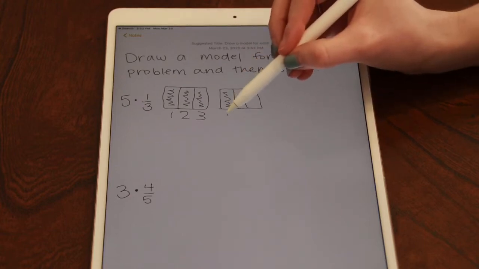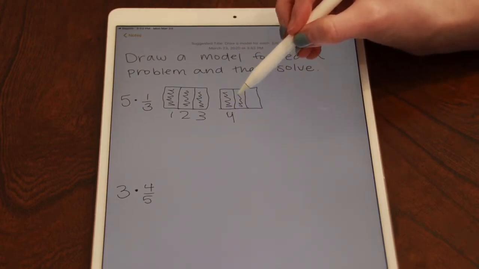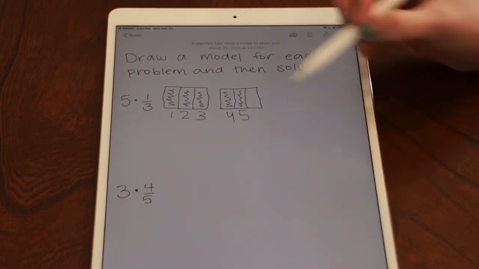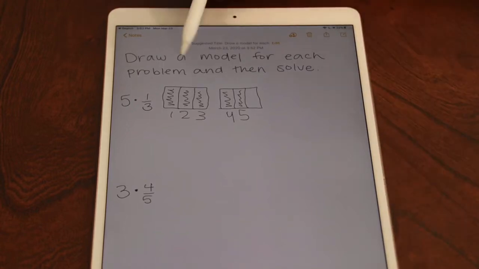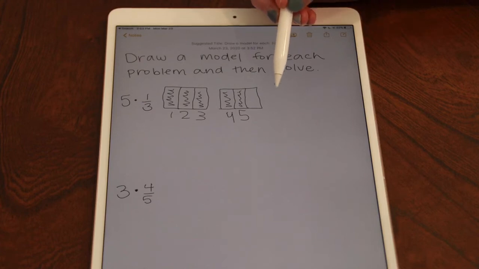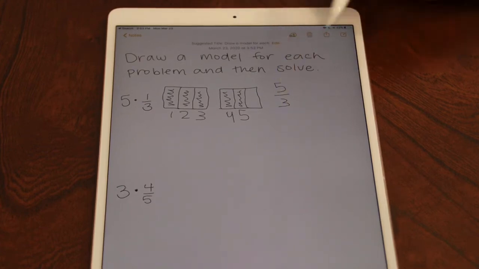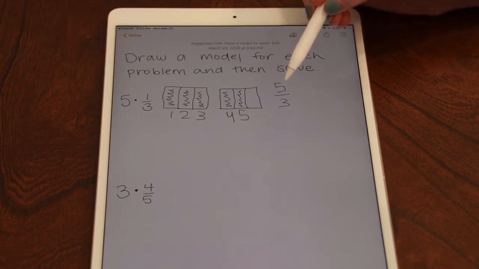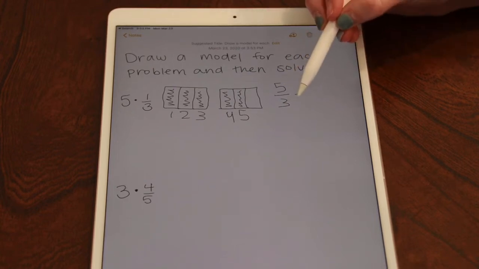My fourth 1/3 and my fifth 1/3. So I have my 5 groups of 1/3, and I can now count. It's 1, 2, 3, 4, 5 thirds.